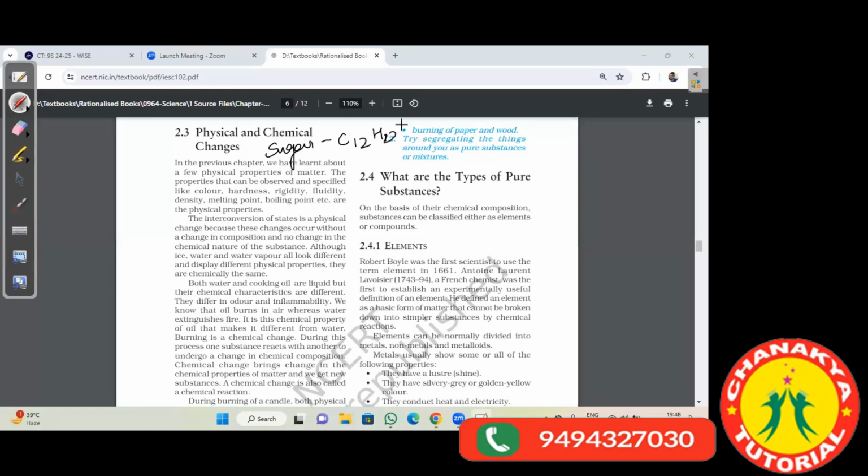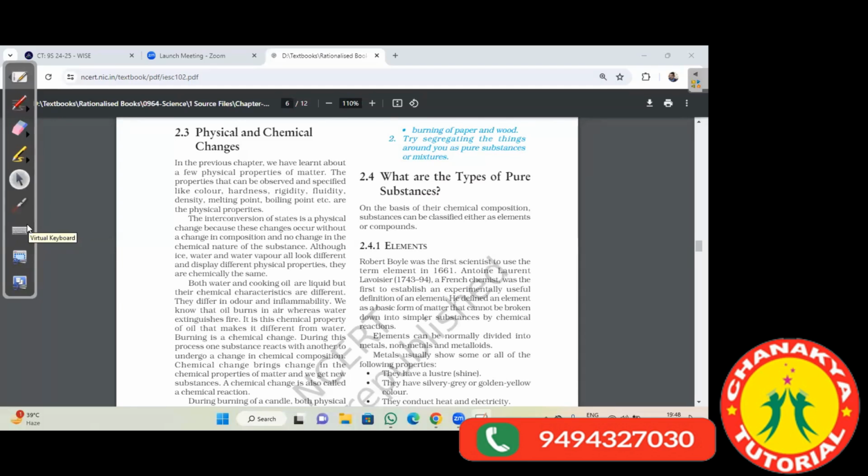That means sugar itself consists of 12 atoms of carbon, 22 atoms of hydrogen, and 11 atoms of oxygen. But still, a sugar molecule is pure. Why? Because all the sugar molecules are similar to each other. So if all the particles are exactly the same as each other, we call them pure substances.